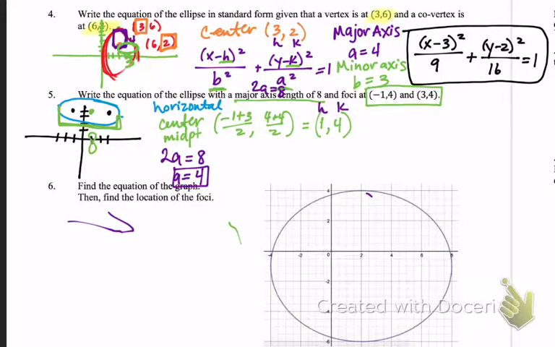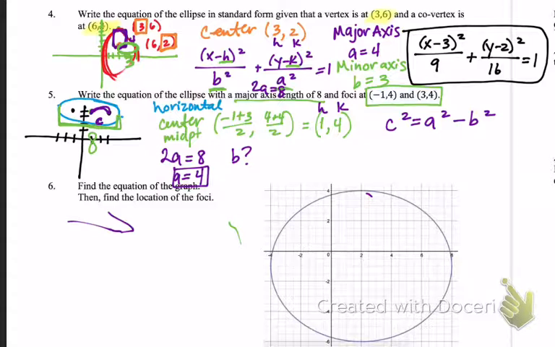So now I just need to find my B value. I don't know what B is, but I do know that the distance from my center to my foci is equal to C, and C squared equals A squared minus B squared. So the distance from my center to my foci is going to be 2.